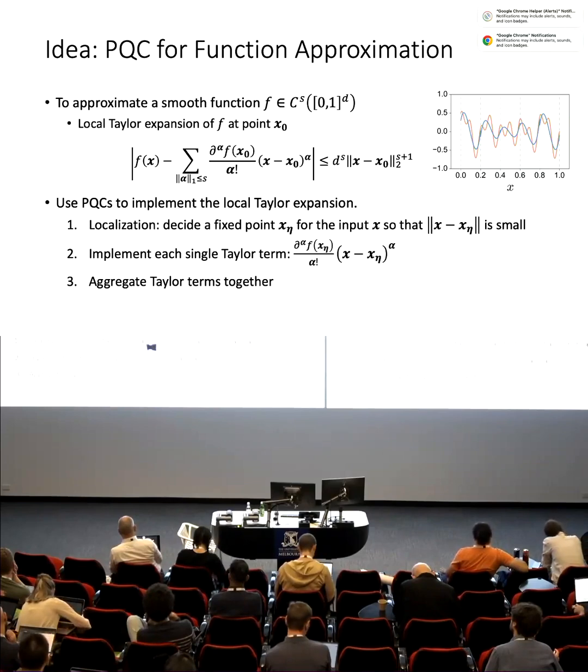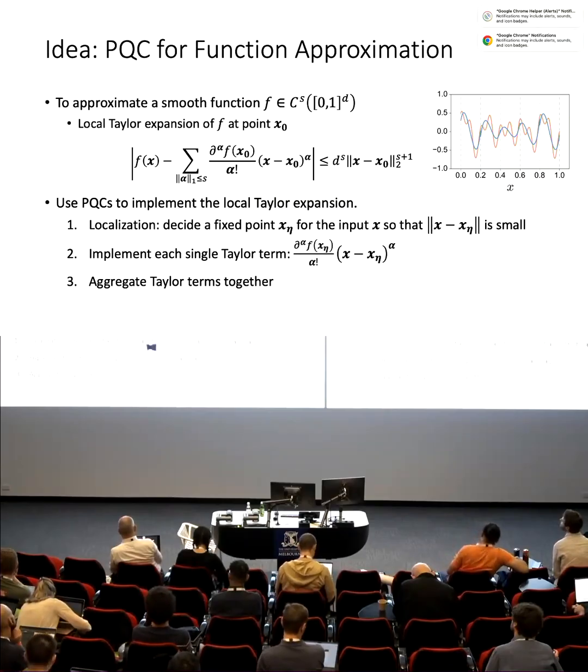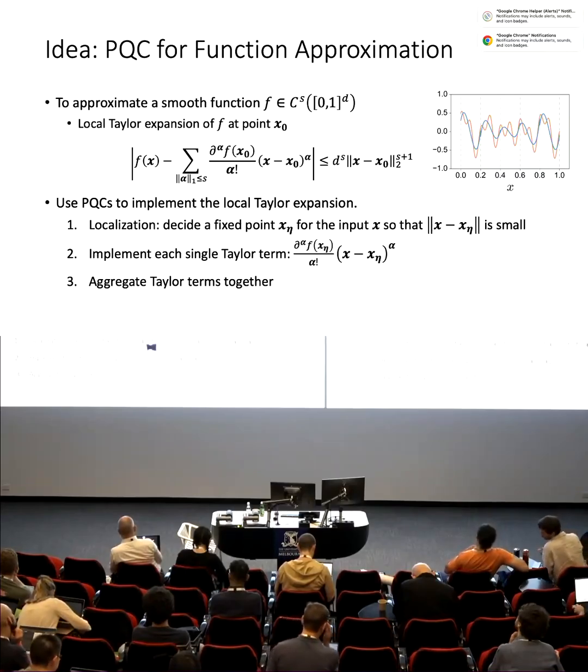And then the next step is to use a parametric quantum circuit to implement the local Taylor expansion on the entire region. We divide this entire approach into 3 small steps. The first one is to do the localization.